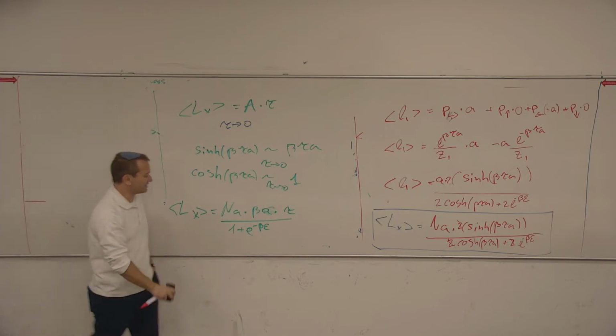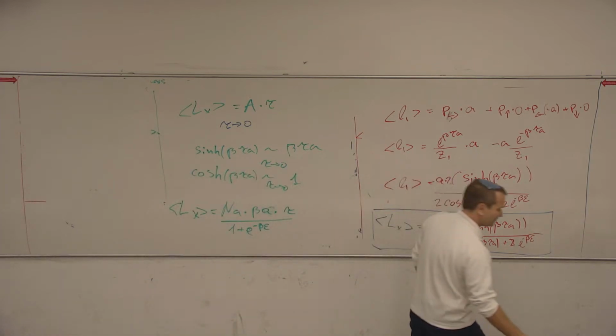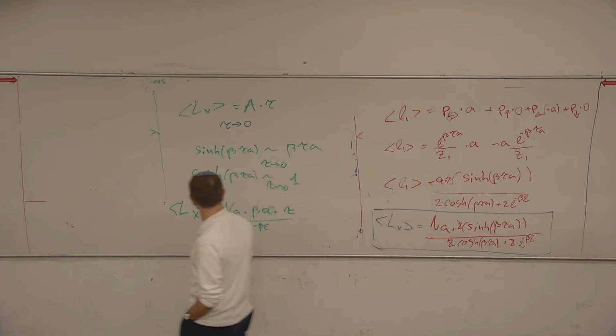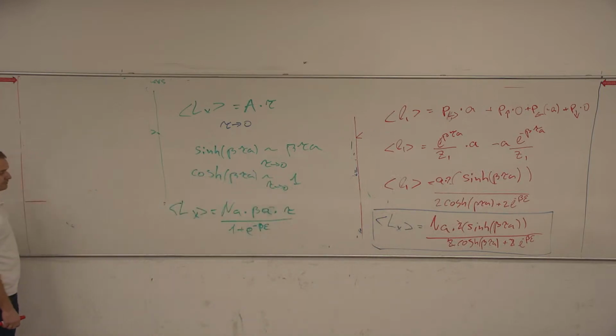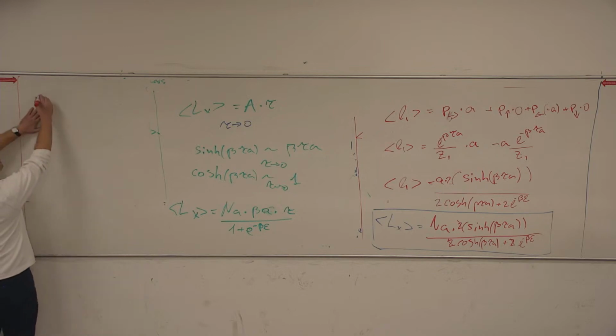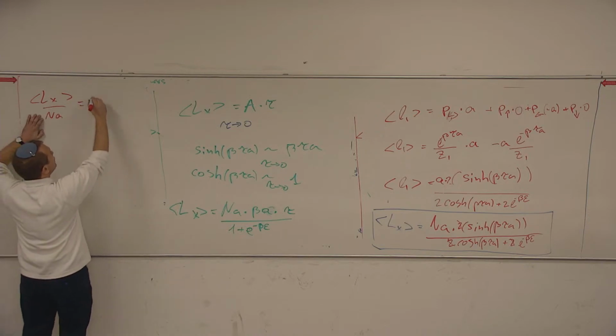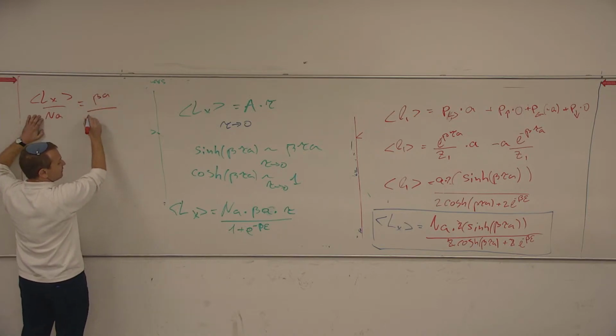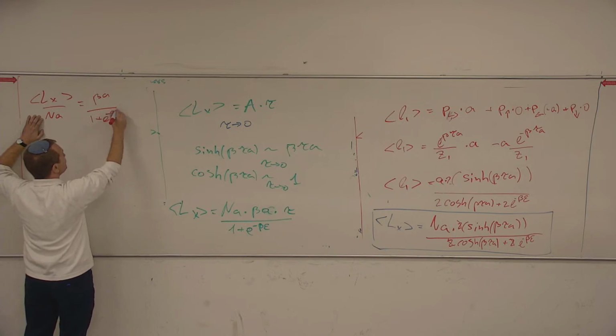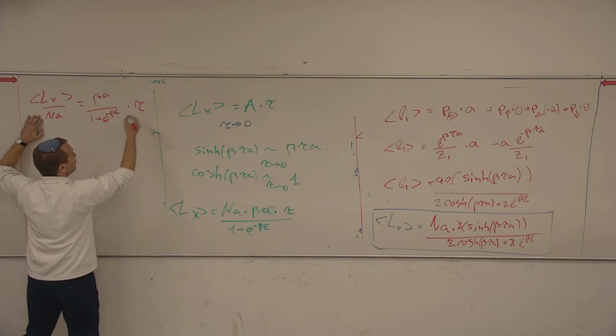So what is the elastic spring constant over here? Let's look at this. Lx average divided by NA equals beta A divided by 1 plus e to the power minus beta epsilon, multiplied by tau.